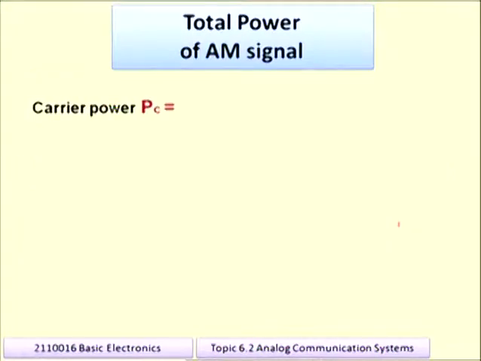Then let us look at the power requirements of the AM signal. As all of you have studied in your basic electrical course, power is nothing but the multiplication of voltage and current.